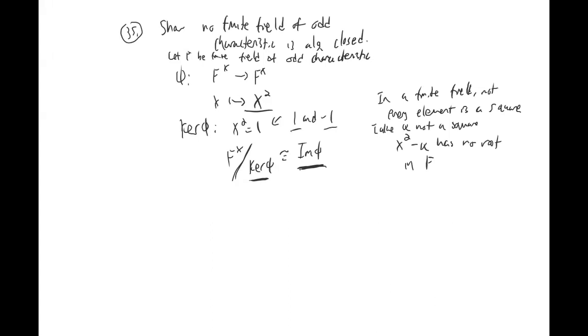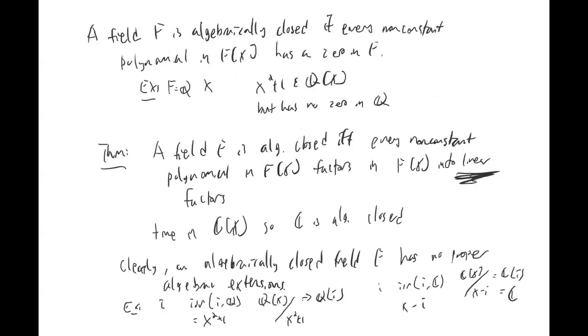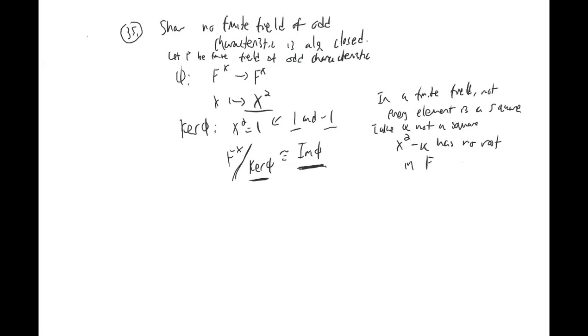And that's precisely the definition of algebraically closed, right? We are algebraically closed if and only if every non-constant polynomial has a zero. And we just found a polynomial with no zero.